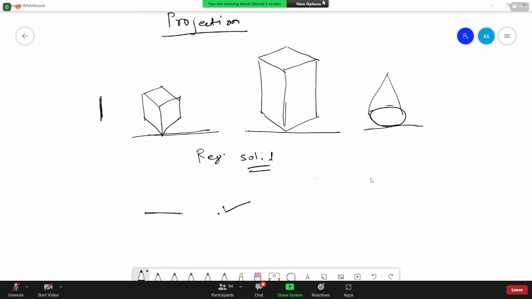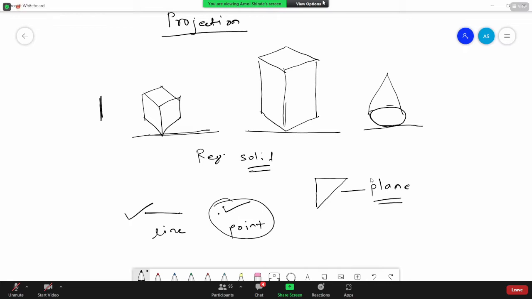If I join minimum 3 lines together, it gives a plane. If I join planes, we get a solid like this, right?